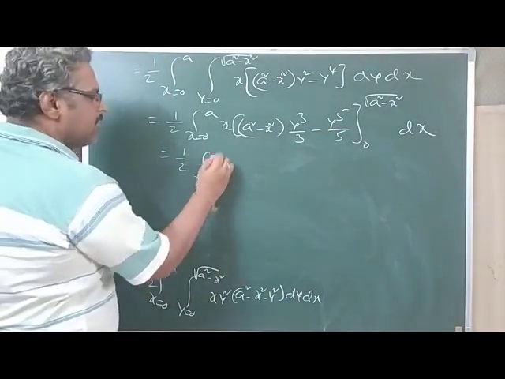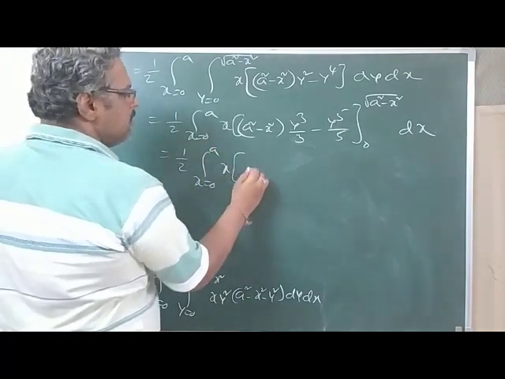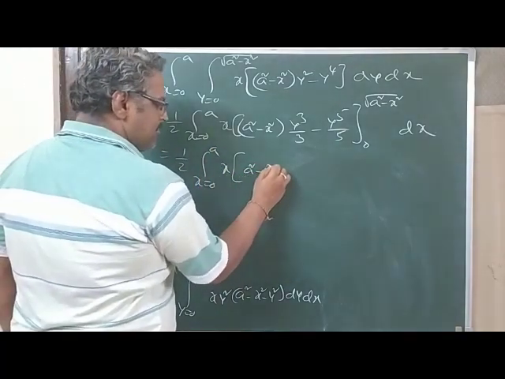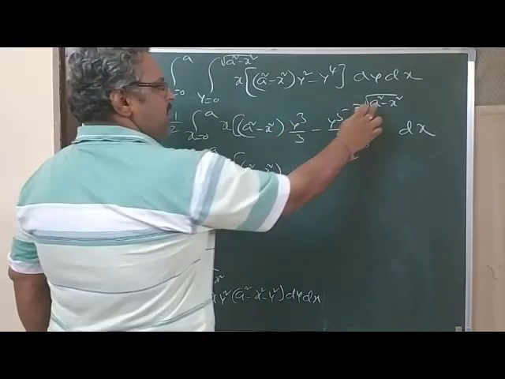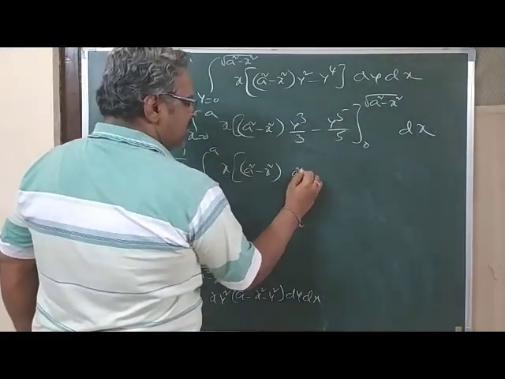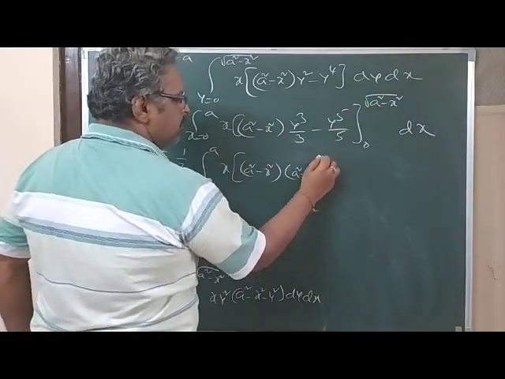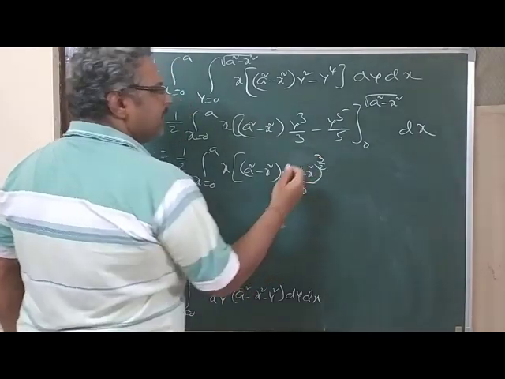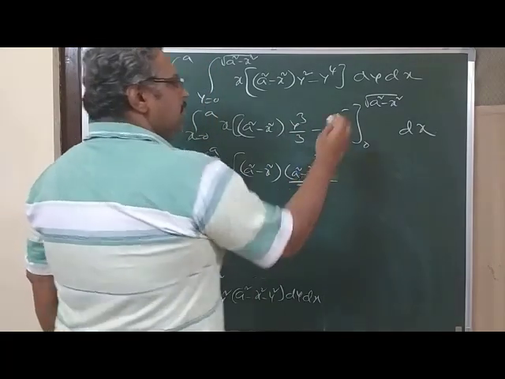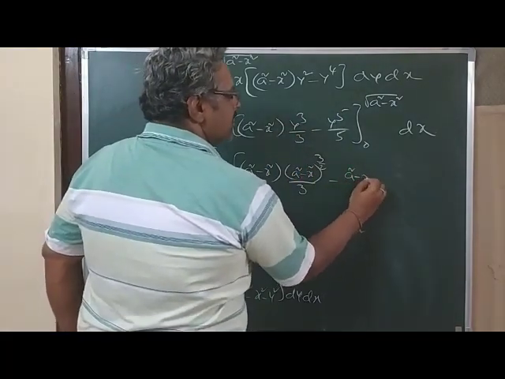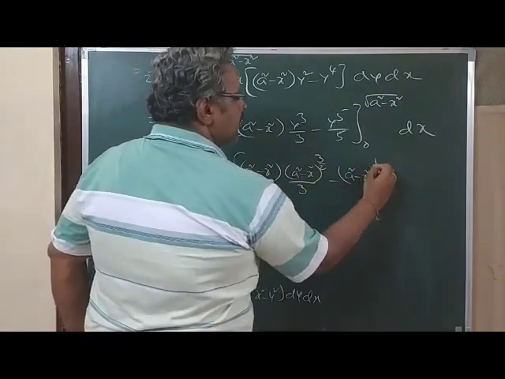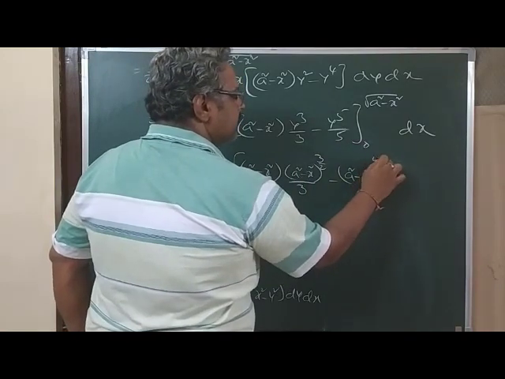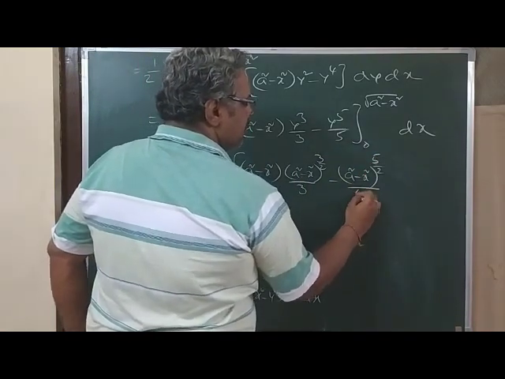substitute, put y equals to root over a square minus x square, then y equals to 0, then what happened? Integral x is 0 to a, x into a square minus x square, y is this one, a square minus x square whole power 1 by 2 whole cube, that is 3 by 2 by 3 minus here a square minus x square whole power 1 by 2 whole power 5 by 2 by 5.